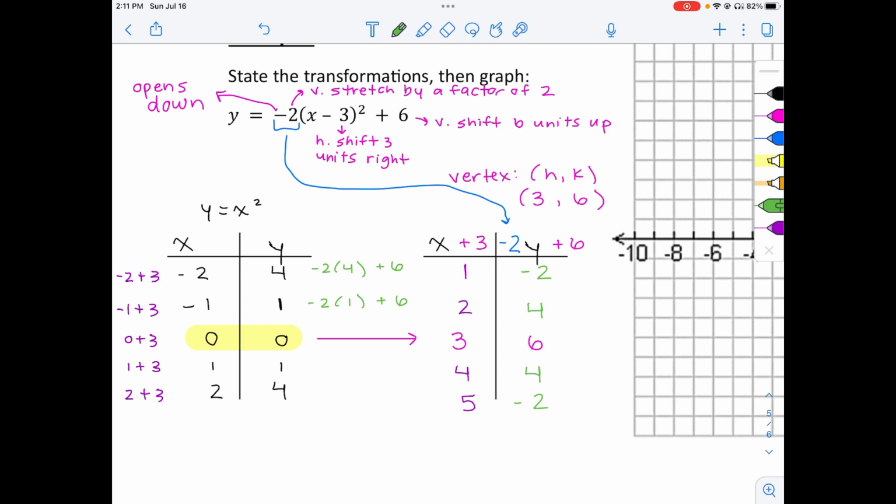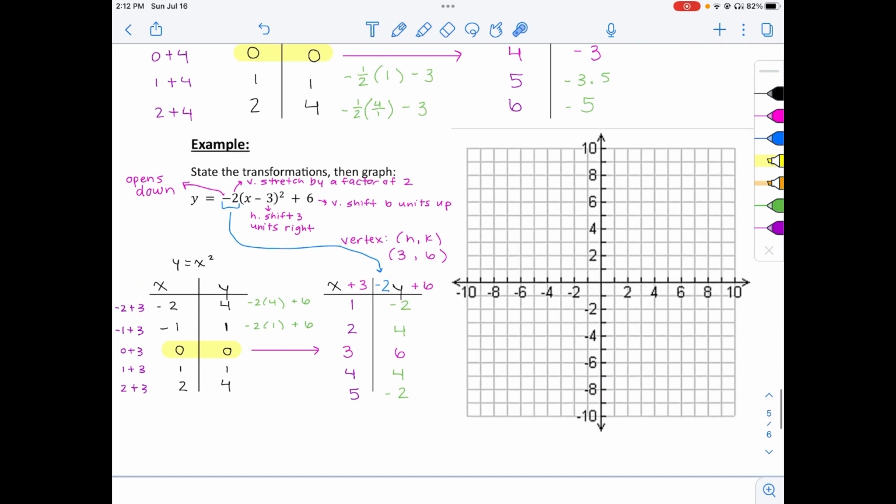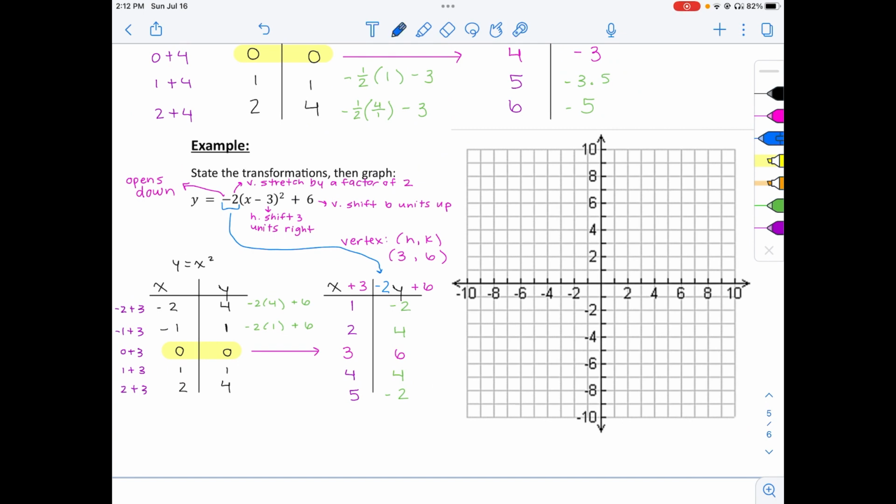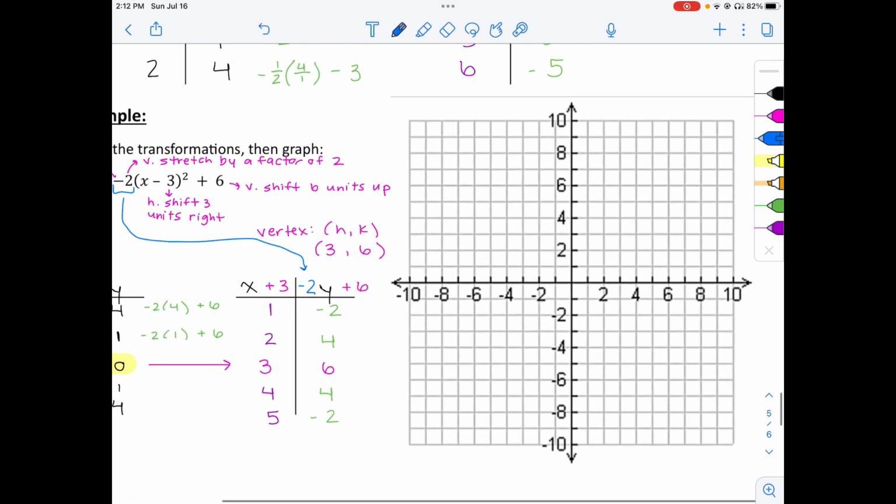Okay, so now I have my transformed coordinates, which are these, and I can plot them on my graph. Okay, so I'm going to do this in blue over here. So my first point is 1, -2, which is here.